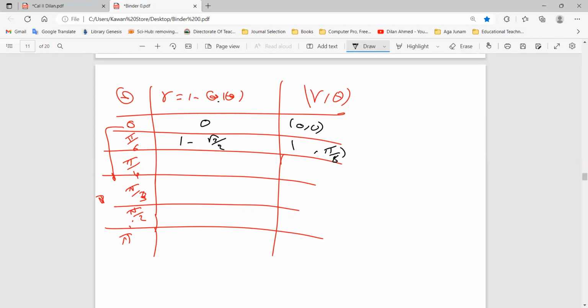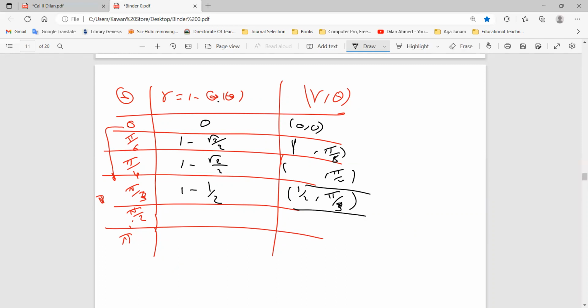Now pi over 4, 1 minus square root of 2, let's also forget about it. Pi over 3, 1 over 2, so I'll get what? Am I right? That one is easy.